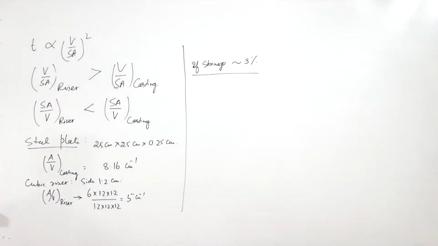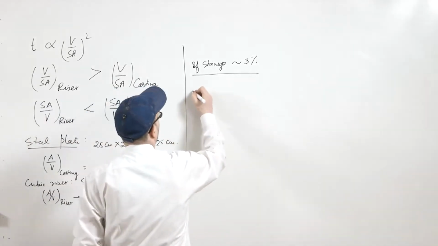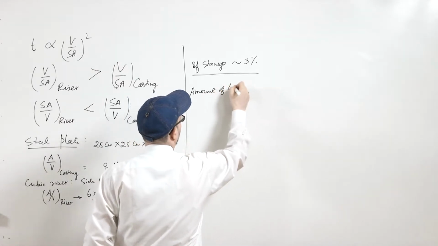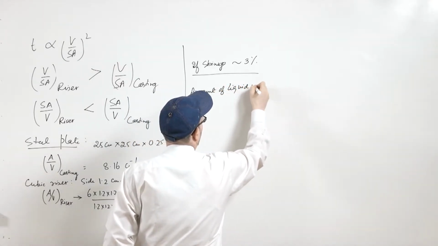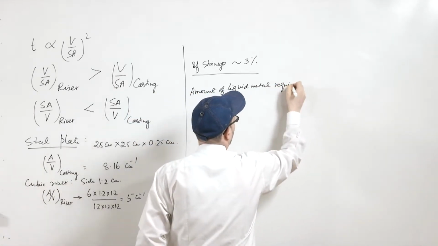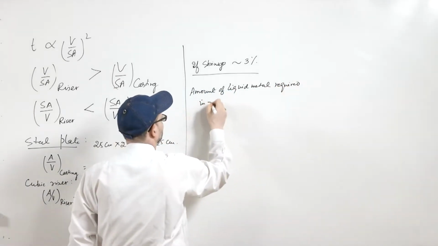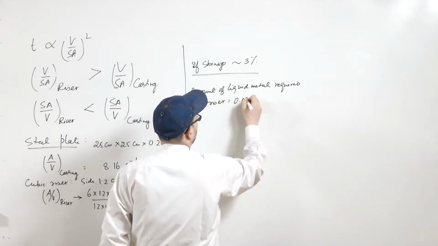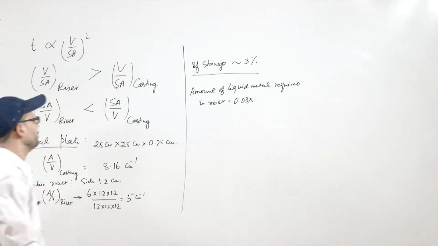In that case, the amount of liquid metal required in the riser will be 0.03, that is 3% of the volume of the casting.